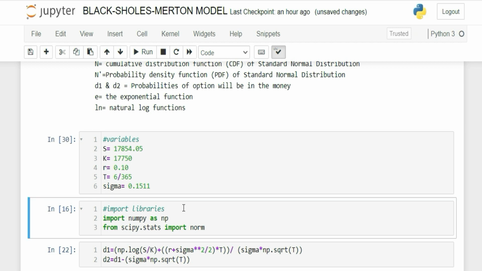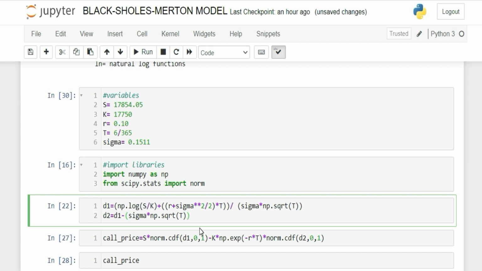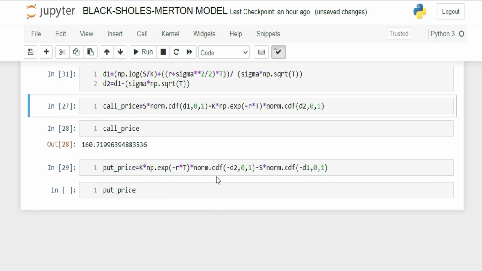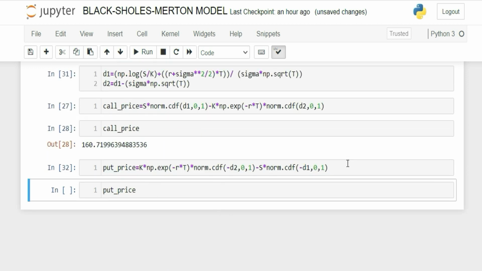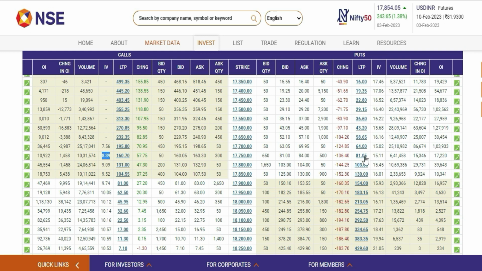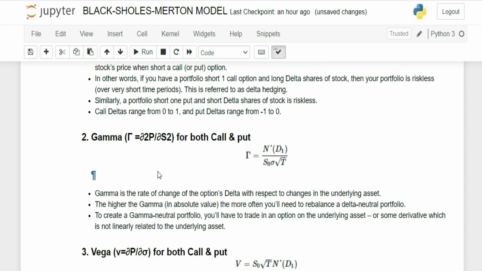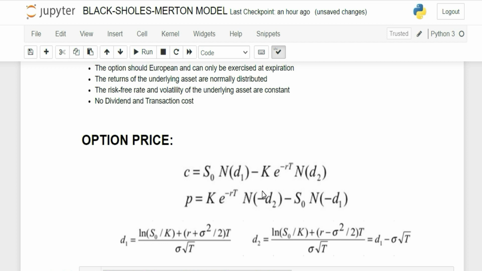If I run this, you can see the price here 81.01. You go back and see here 81.05. So it's exactly matching. So it means our option price calculation, or the equation of these two, is done.